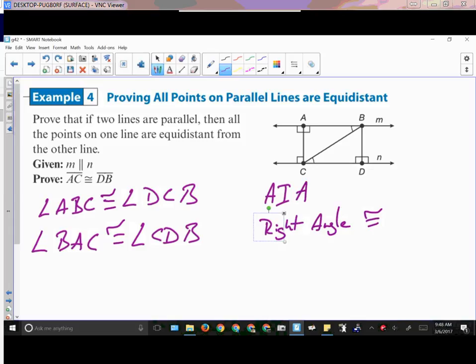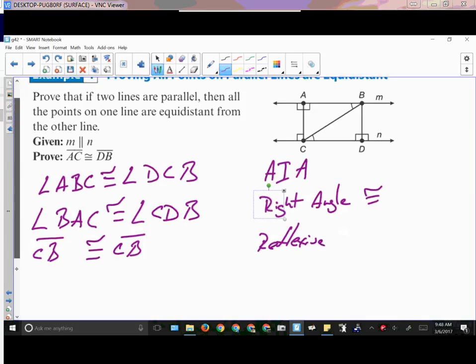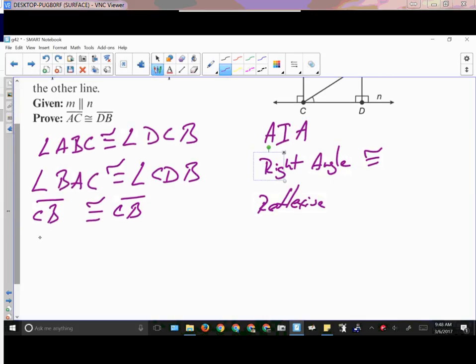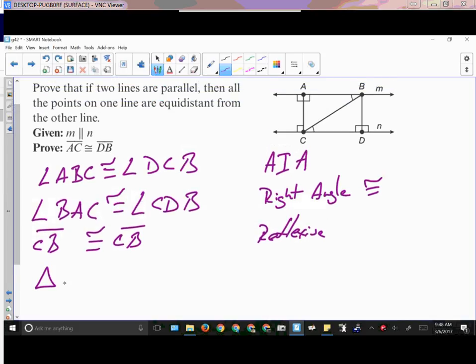So now I look at it and I say, hey, what about this? Why? That's the reflexive, yep. So if I bring this down to, say, triangle ABC should be congruent to triangle DCB.